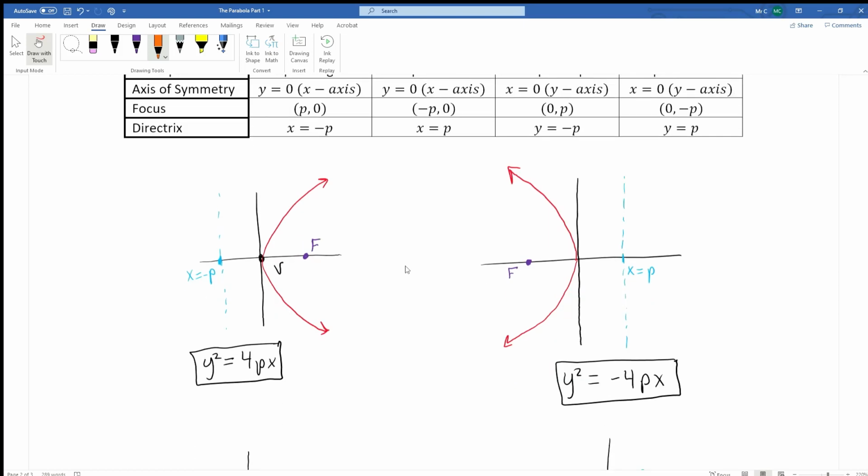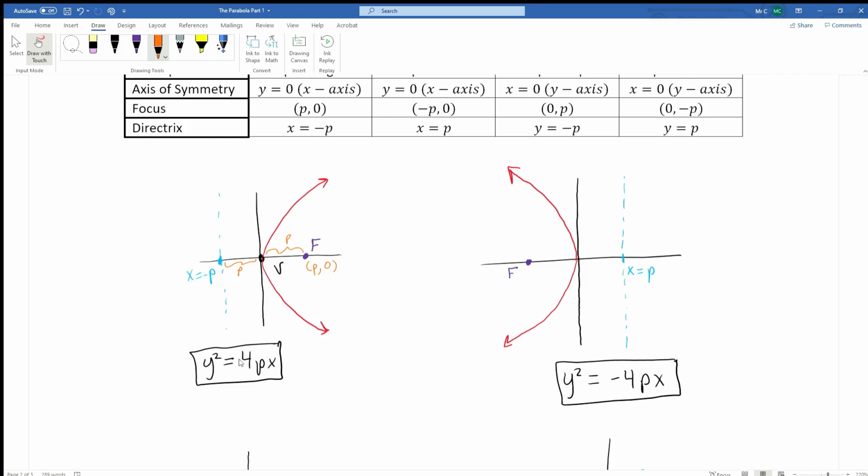Okay, so let's take a look here at this graph on the left. This is the same graph we started with that we derived explicitly. And we've got our distance here between V and F is p. So of course F occurs at the point (p, 0). And since we're going a distance of p backwards from the vertex, our directrix is at x equals negative p.